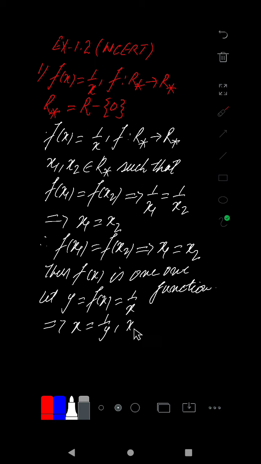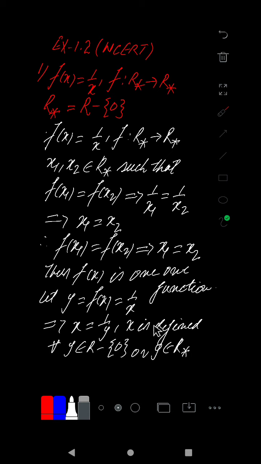So x is defined for all y belongs to R minus {0}. Or we may say that y belongs to R star, because R star is given as R minus {0}. So range of the function is equal to R star.